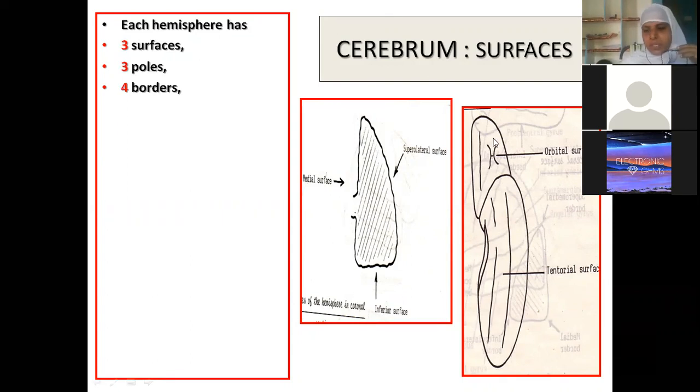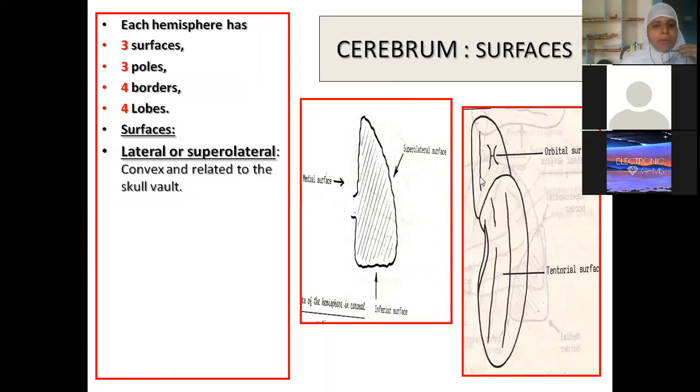Then four borders we have. As we proceed, I will show and tell you. Four lobes are very simple. What are the four lobes we have? Frontal lobe, parietal lobe, temporal lobe, and occipital lobe. Now coming to the three surfaces. The surface viewed from the side is the superolateral surface, which is convex and related to the cranial vault.